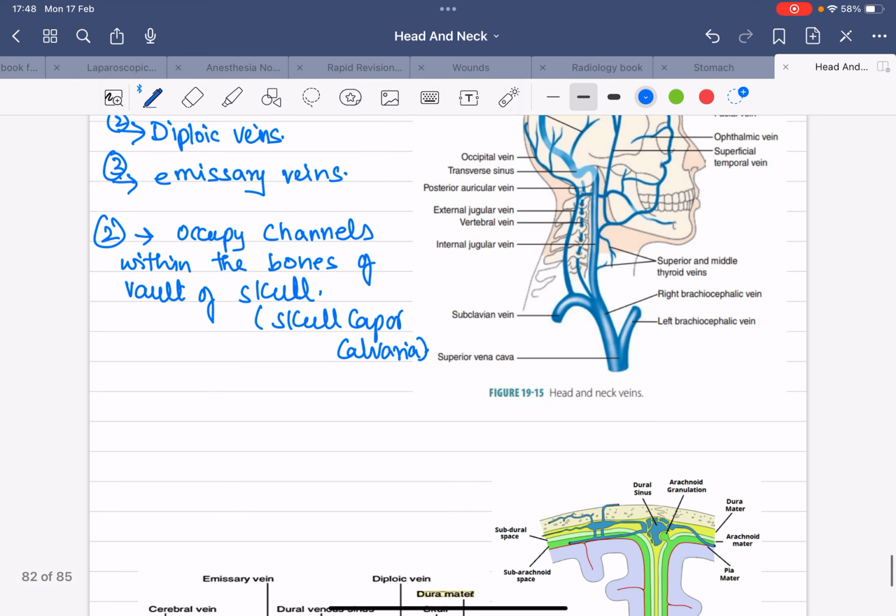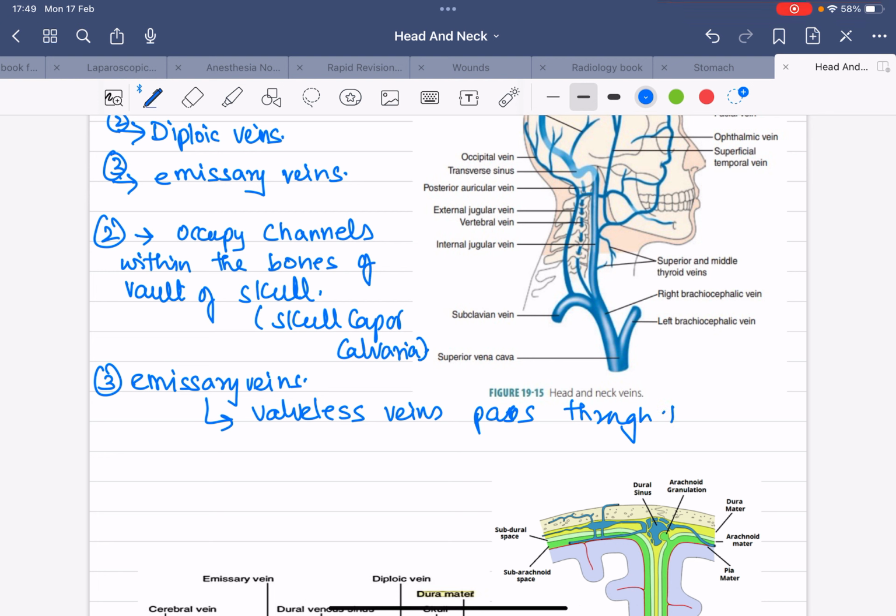Okay, then third one is your emissary veins. So what are the emissary veins? Emissary veins, please remember, are valveless veins that pass through the skull bones, and they connect the veins of the scalp to the dural venous sinuses.